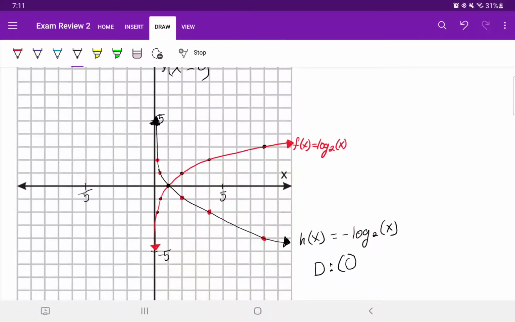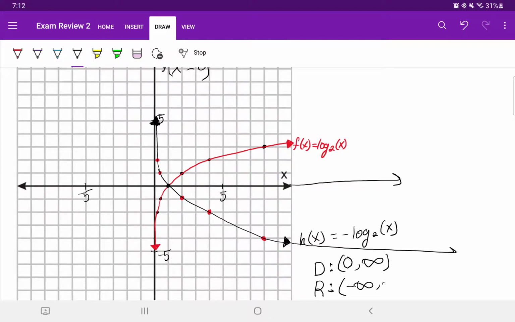Now, although the function is going downwards, the function is going forever and ever towards the right, which means the x values are increasing indefinitely. And when x increases indefinitely, it approaches positive infinity. So my domain goes from 0 to infinity.